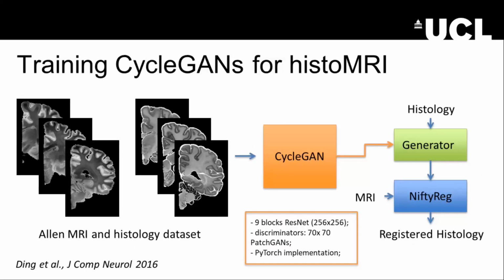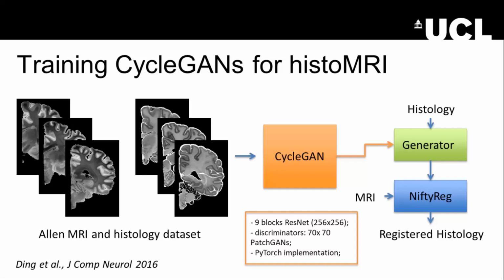So, the first thing that one should try, of course, is just CycleGAN. We had the Allen MRI and histology dataset, so we started training the CycleGAN to map the histology to the MRI, and the idea was to train in the end a generator that was able to get the histology and then generate a fake MRI, and then at that point registering the fake MRI with the real MRI, just intramodality registration, and we will have the registered histology.